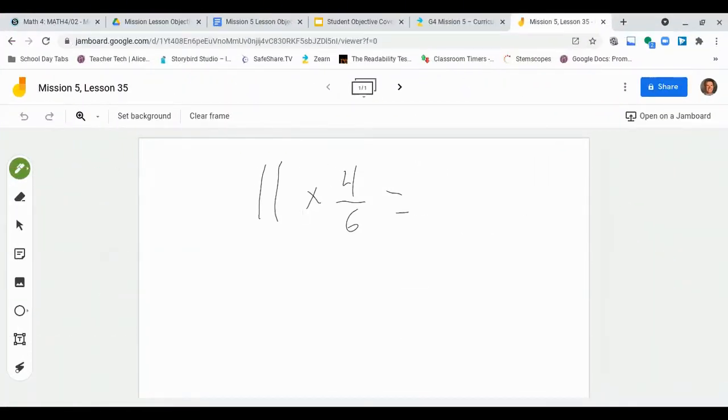Here, as you can see, we have 11 times 4/6. So we have a whole number, 11, times a fraction, 4/6. When you are multiplying a whole number by a fraction, you multiply the whole number times the numerator.